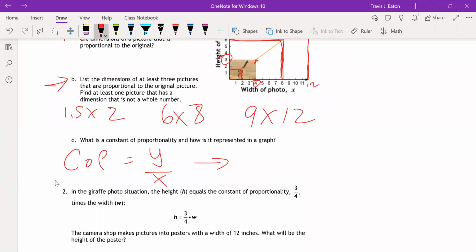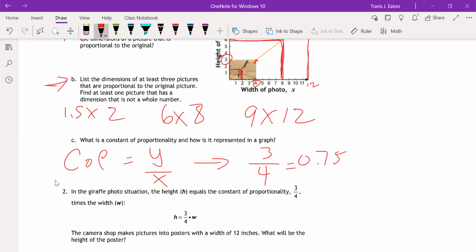All right. So the constant of proportionality, in other words the COP, is the y value on a graph divided by the corresponding x value, like you see here. In this case, the original was 3 divided by 4, which is 0.75, or 3/4.